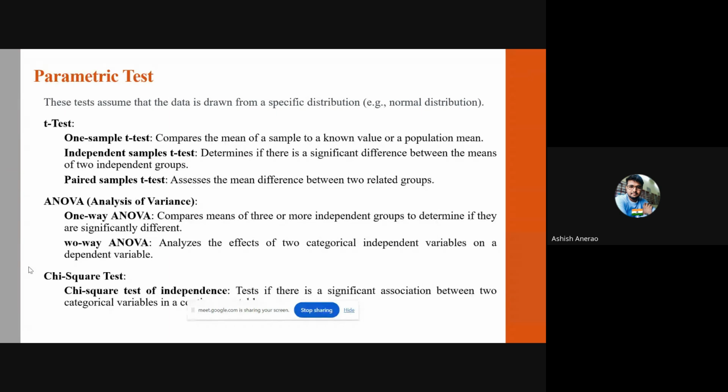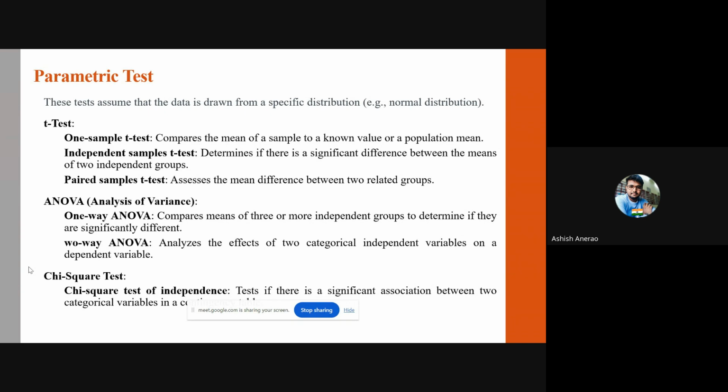So mu is equal to 20, meaning the company tells us that we will solve your complaint within 20 minutes. In statistical language we call this the population mean, meaning all complaints are solved within 20 minutes. So this is nothing but the population mean, or the mean given by the company. We consider that value the population mean.